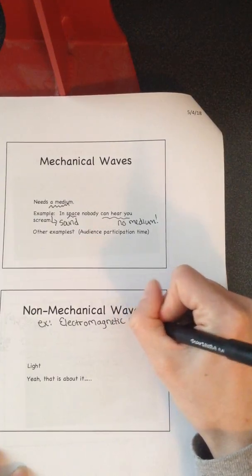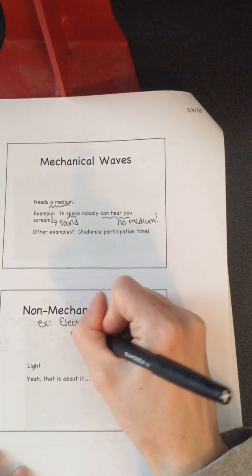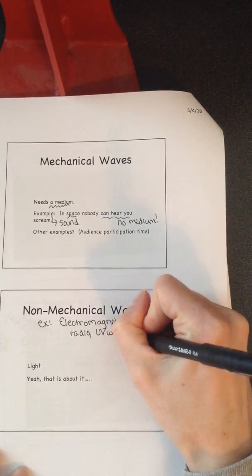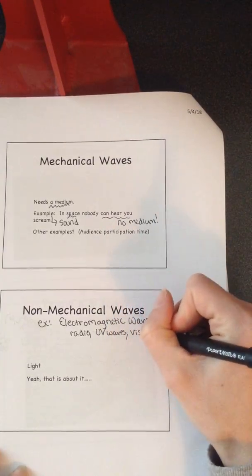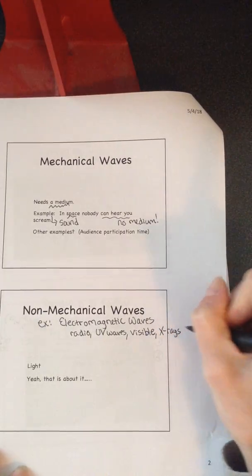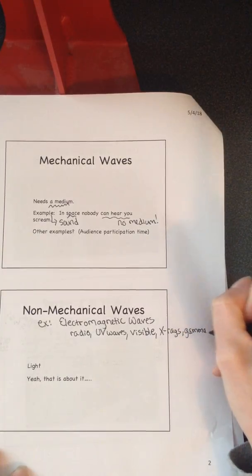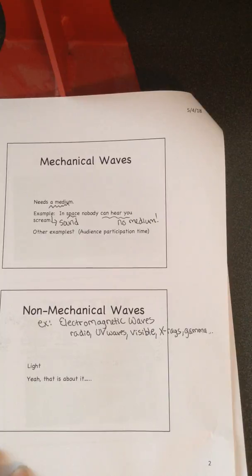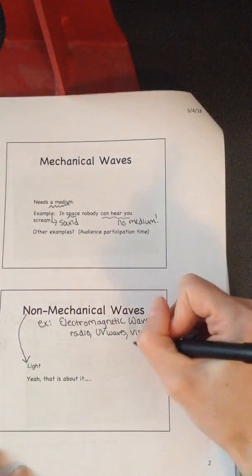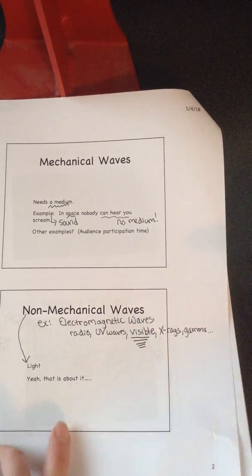Examples are your electromagnetic waves, and just to list a few, those are your radio waves, UV waves, visible light waves, X-rays, and gamma, and the list goes on and on. All I've mentioned here is light because that is going to be the main focus when referring to non-mechanical waves.